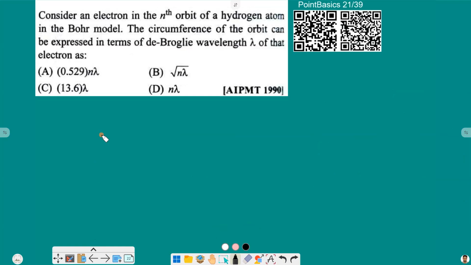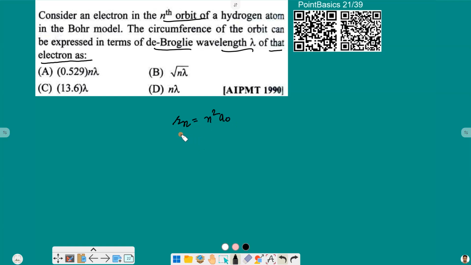Now consider electron in the nth orbit of hydrogen atom in the Bohr model. Circumference of the orbit lambda can be expressed in terms of de Broglie wavelength of that electron as. So here it is mentioned that nth orbit of hydrogen atom. So for the nth orbit, radius will be given by n square times, let's say the constant, that is A naught.